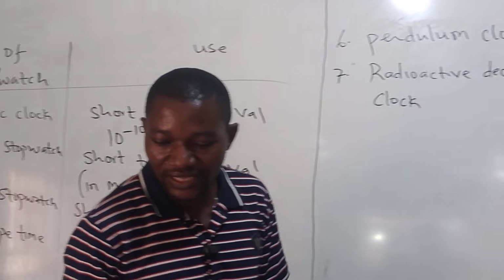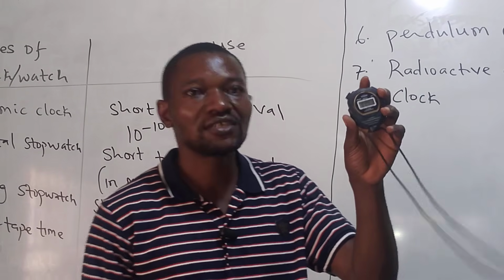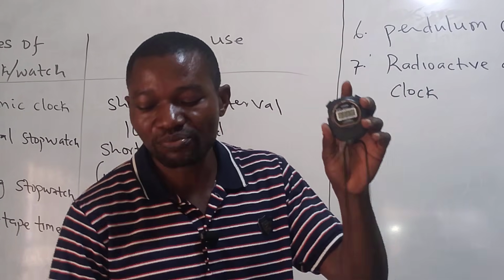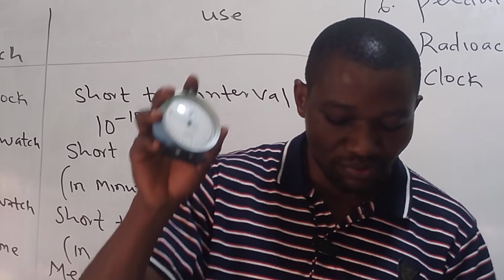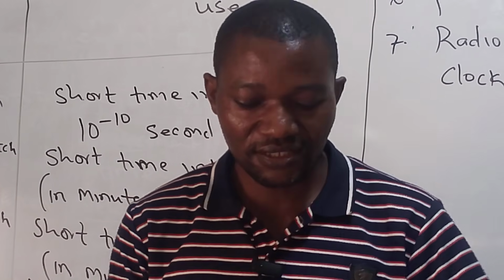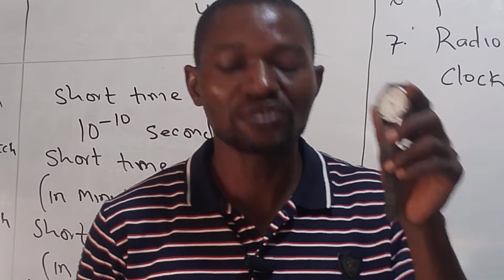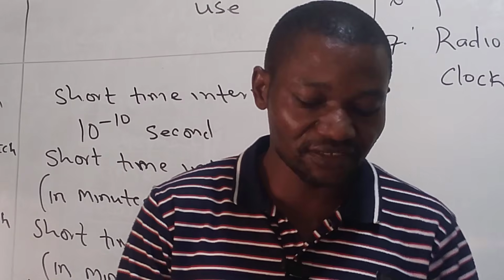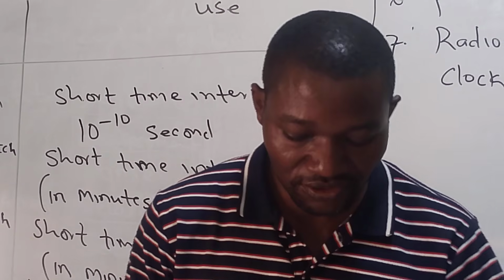The ones available here are the digital stopwatch, the analog stopwatch, and the watch, what we normally wear on our wrist that we call wristwatch.